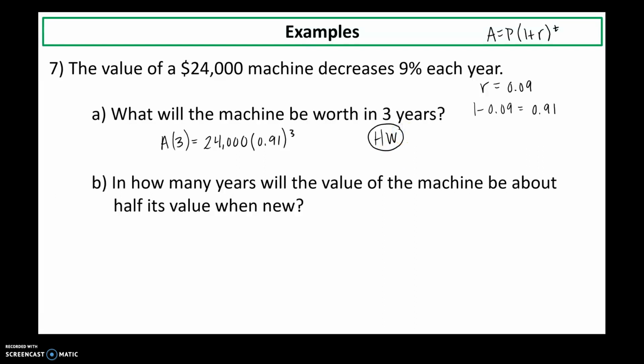Now this one: in how many years will the value of the machine be about half its value from when it was new? Now we're solving for our unit of time. In how many years? So t is our exponent. So I'm going to plug in half its value. So if it's worth $24,000 now, half of its value would be $12,000.